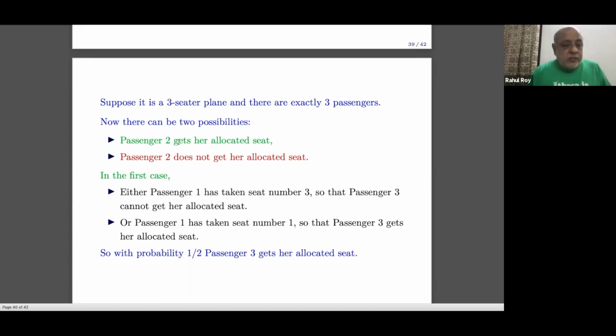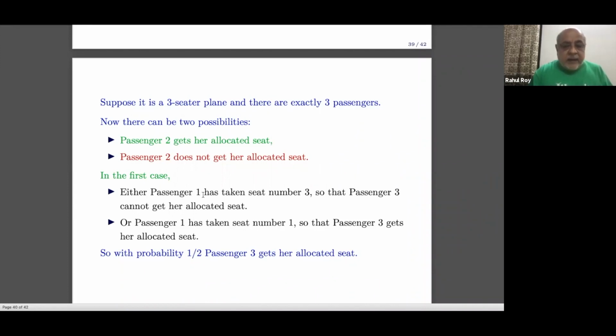For passenger number 2, there are two possibilities. She gets her allocated seat, in other words, seat number 2, or she does not get her allocated seat. Let's look at the first case. Passenger number 2 gets her allocated seat.